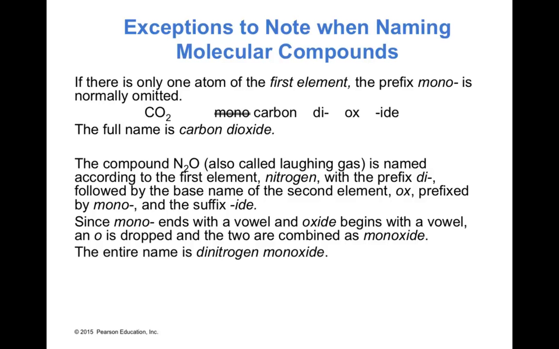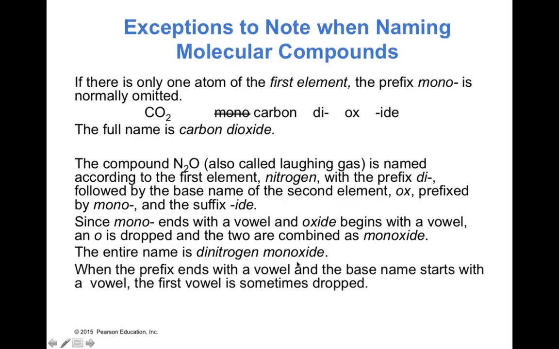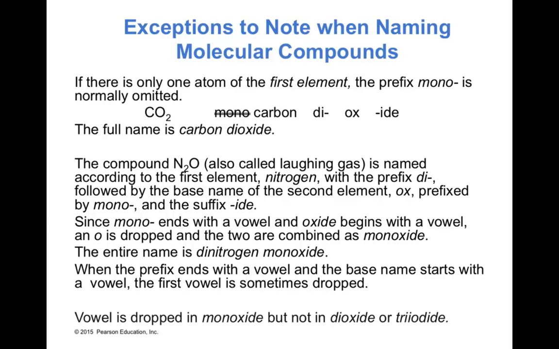So the entire name is dinitrogen monoxide. That will be the name of N2O. We have two nitrogen and one oxygen. When the prefix ends with a vowel and the base name starts with a vowel, the first vowel is sometimes dropped. The vowel is dropped in monoxide but not in dioxide nor in triiodide.